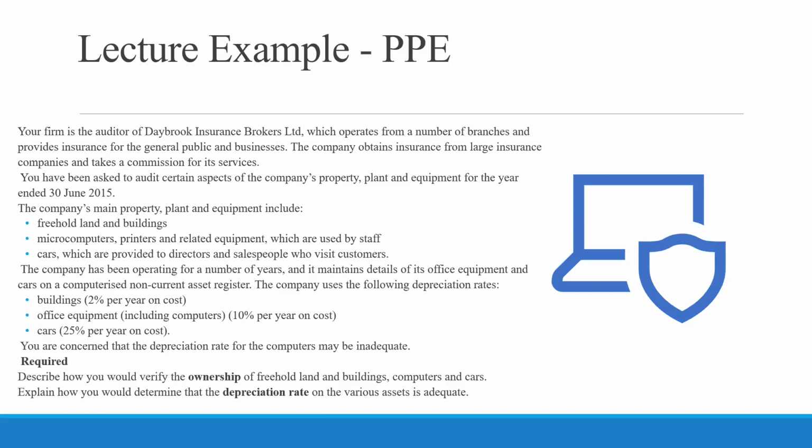Second, office equipment, especially for the computers, 10% on cost. Is this adequate? It may not be high enough for computers in particular, because that would give it a useful life of 10 years. So 10 years useful life is too long. Do you also agree with the on-cost approach?